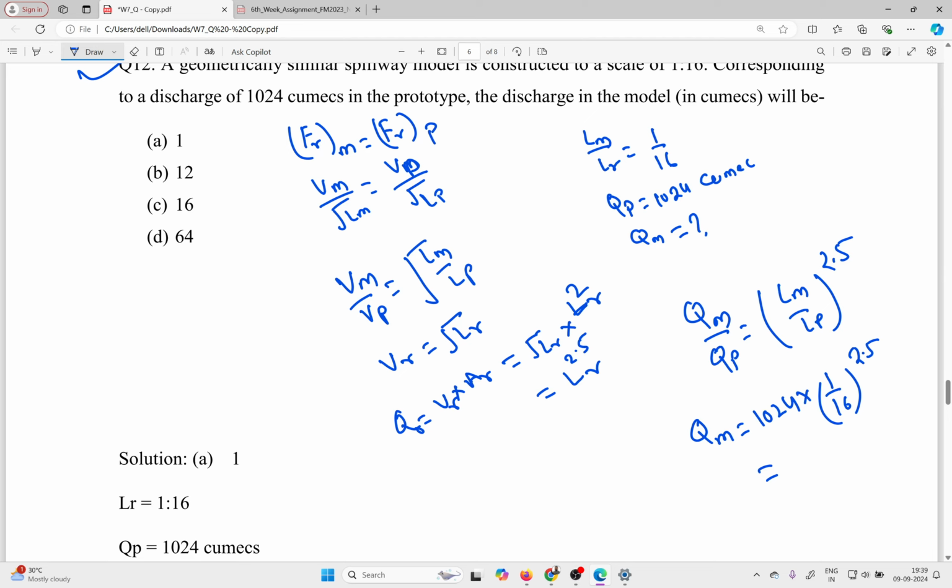Let me calculate using the calculator. 1 divided by 16 to the power 2.5 into 1024.